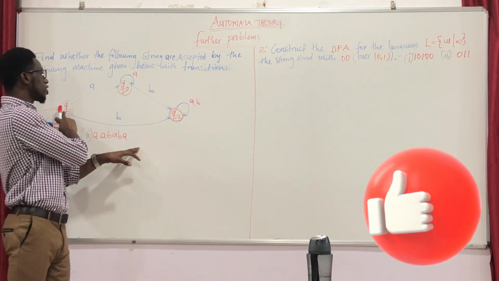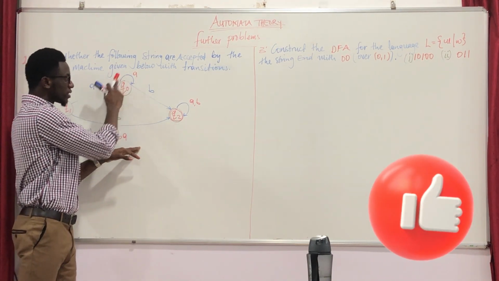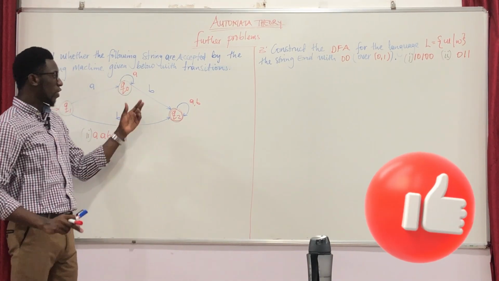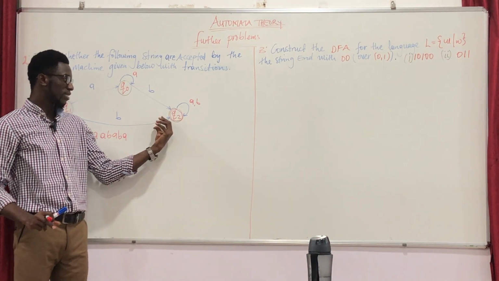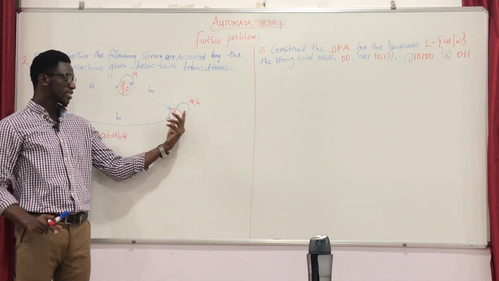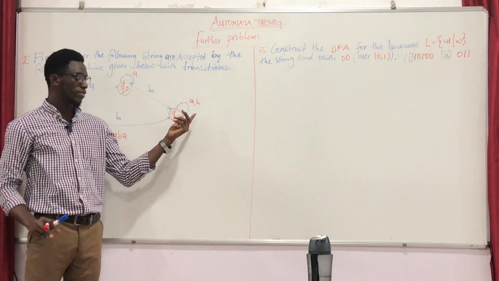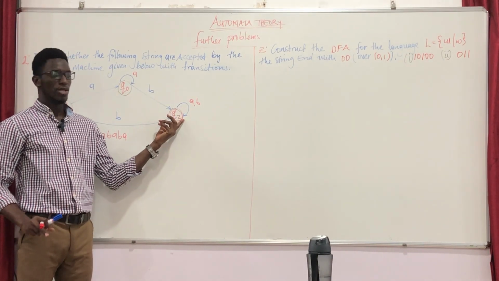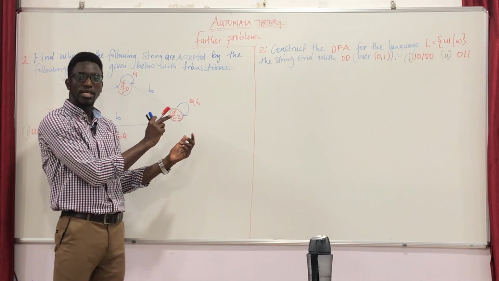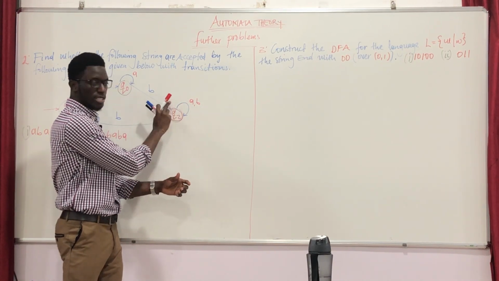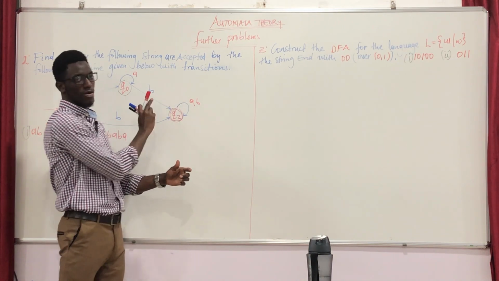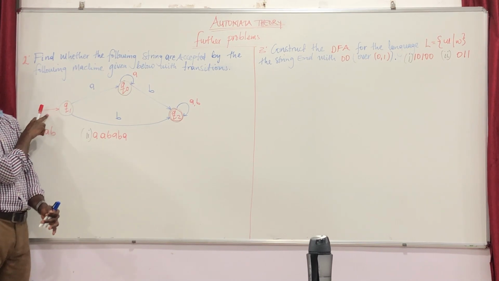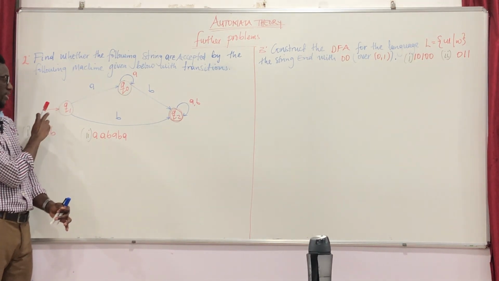If you go from Q1 to Q0, since Q0 is not your final state, it will not accept. Irrespective of the initial state, your final state is supposed to be Q2. You can start from Q2 and end in Q2 again. As you can see, this has double circles to tell you that this is our final state. And the initial state, as you can see, is Q1. The arrow pointing towards Q1 means this is the initial state.